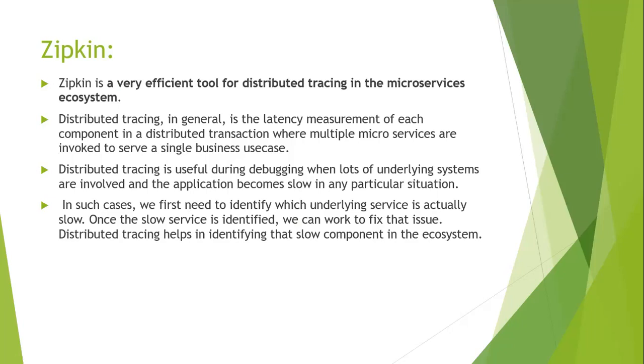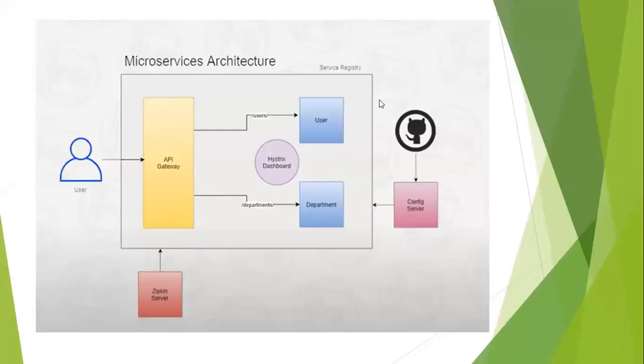In such cases, we first need to identify which underlying service is actually slow. Once the slow service is identified, we can work to fix that issue. Distributed tracing helps in identifying that slow component in the ecosystem. That's all for Zipkin.